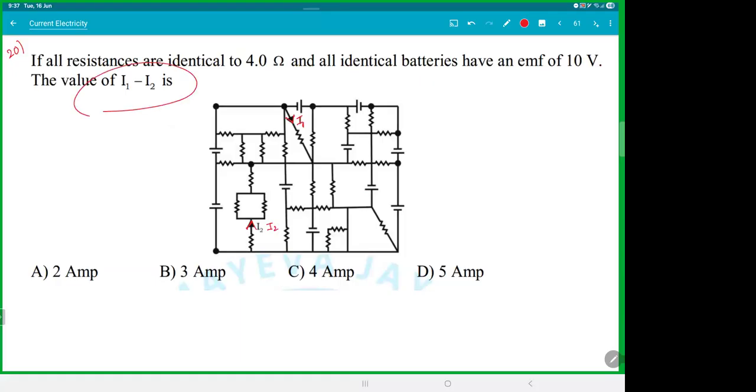The question is find I1 minus I2. You remember this thing, right? Maze circuits. You need to find a path where the resistor is the only one and remaining all are batteries.